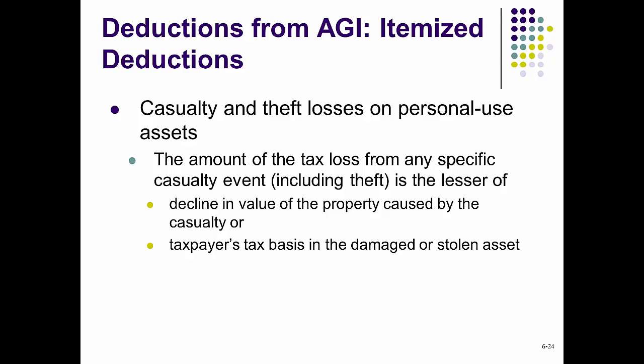A casualty loss must be a sudden, unexpected, or unusual event such as fire, storm, or shipwreck, or loss from theft. The amount of tax loss from any specific casualty event, including theft, is the lesser of 1, the decline in value of the property caused by the casualty, or 2, the taxpayer's tax basis in the damaged or stolen asset.